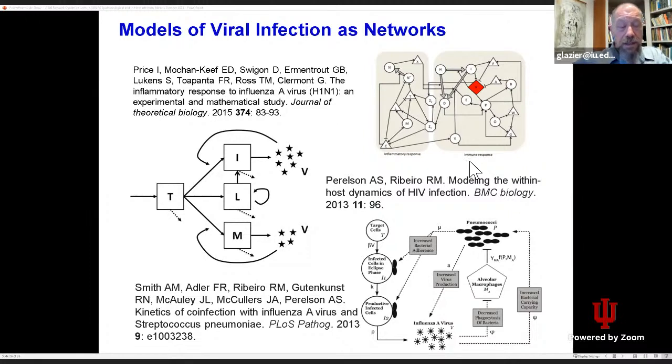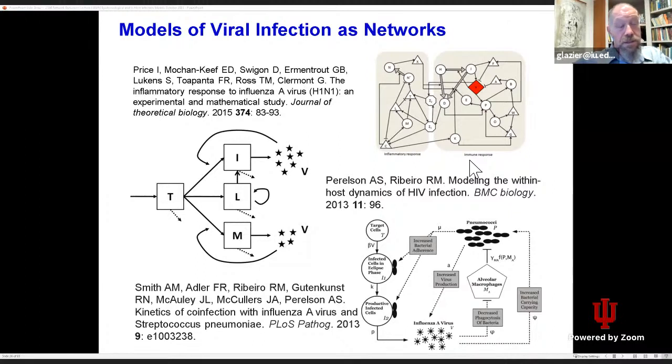In addition, there are a lot of chemical species that are important. Early on in infection, interferons are important. They send signals from cell to cell to prepare for viral onslaught. In the intermediate stages of viral infection, you have interleukins. Interleukins 2 and 6 are particularly important in the early stages of cellular response to viruses.